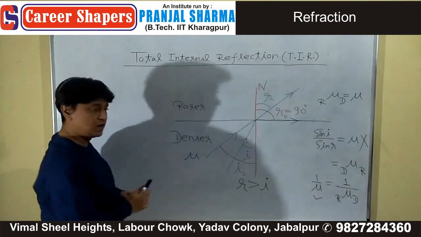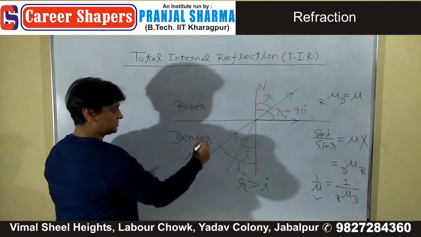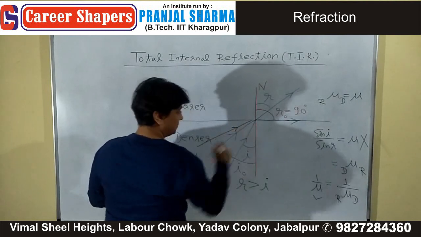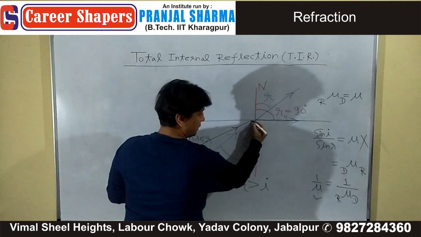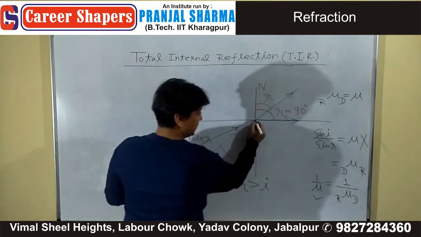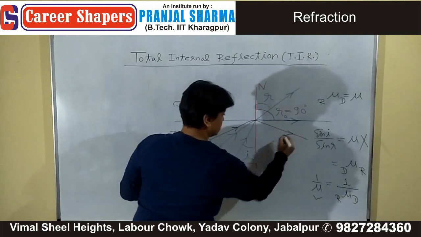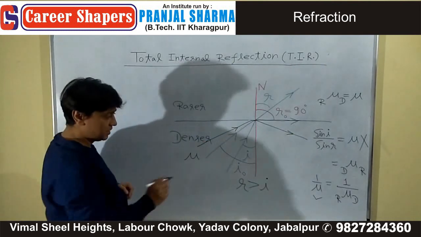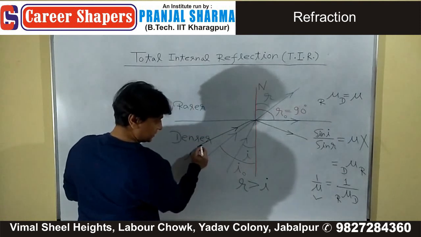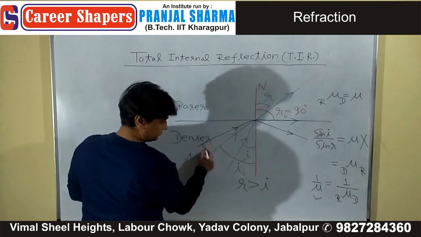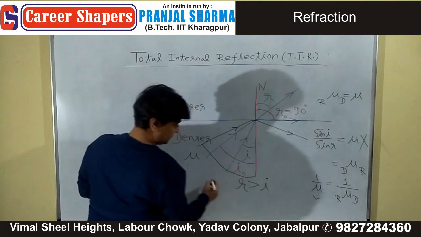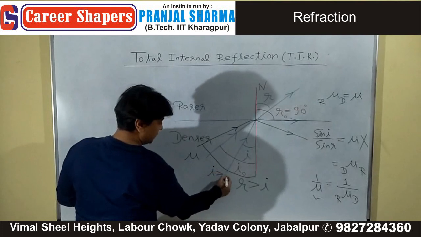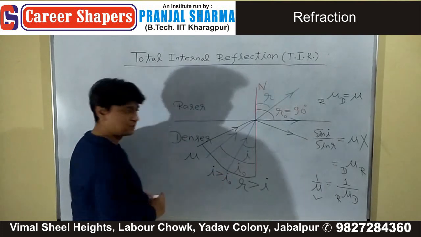That means if you have an incident ray like this, it will suffer no refraction. Instead, it goes like this and becomes a reflected ray. This i is greater than i naught.